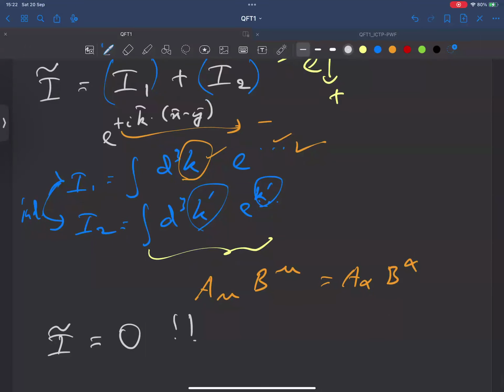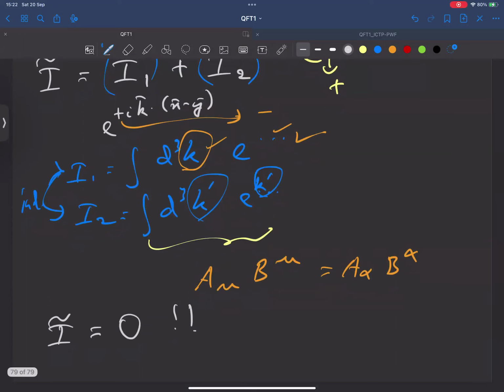But why can you relabel one of them and not the other one? No, no, you are free to relabel both of them. But if you relabel both of them, you are not solving the integral. It's still an integral, but you don't know what its value is. In order to obtain its value, you relabel one of them. You are always free to do relabeling anything that you like because you are integrating over the whole volume.